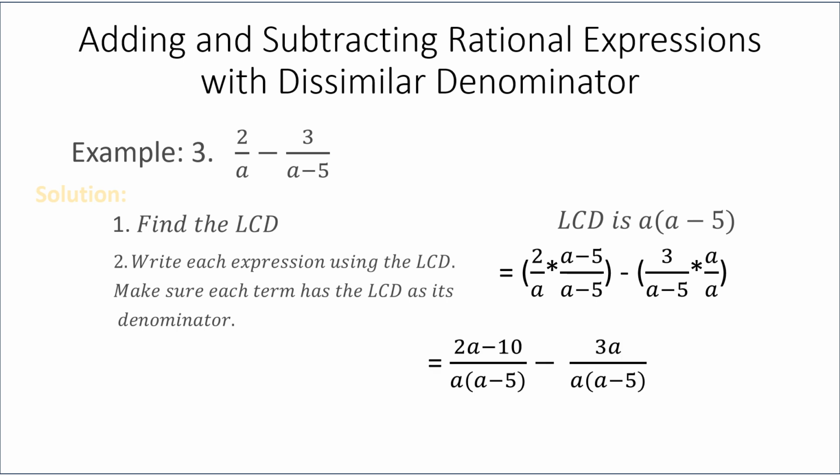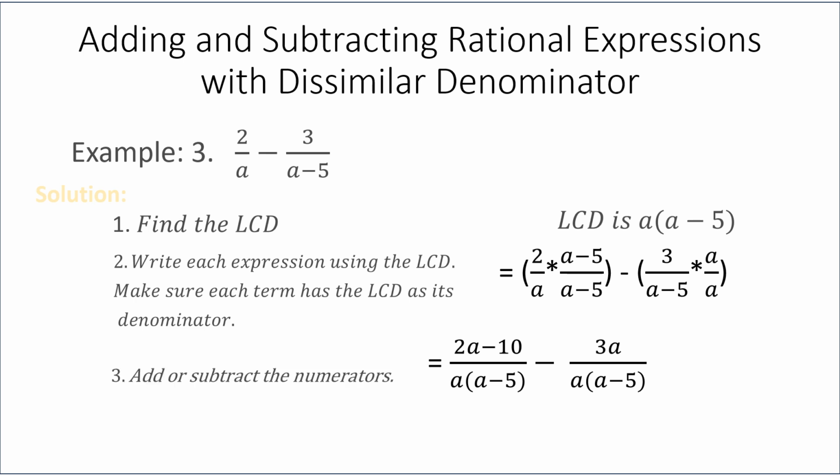So we will get 2a minus 10 over a times a minus 5 minus 3a over a times a minus 5. By then, we will proceed with the subtraction part.